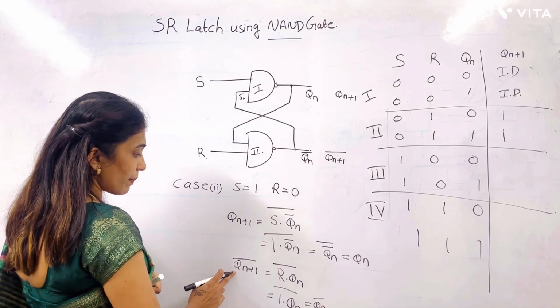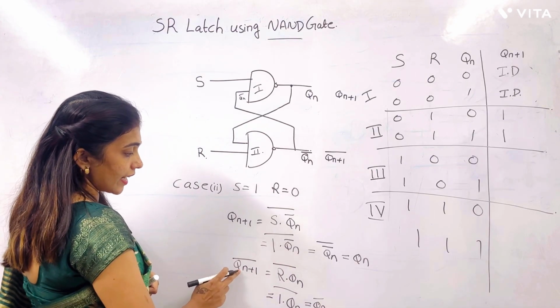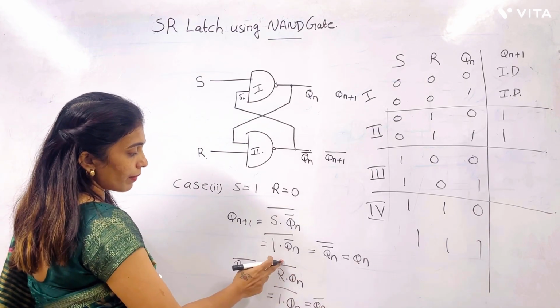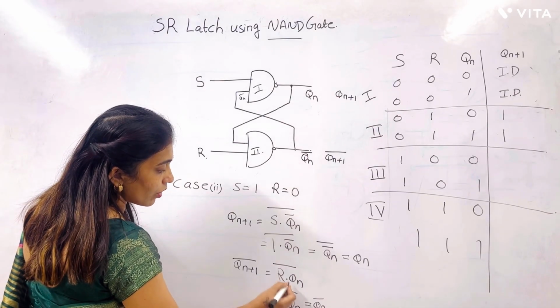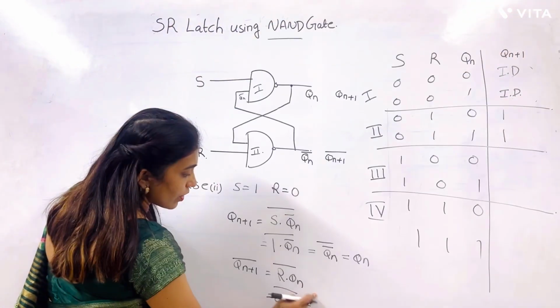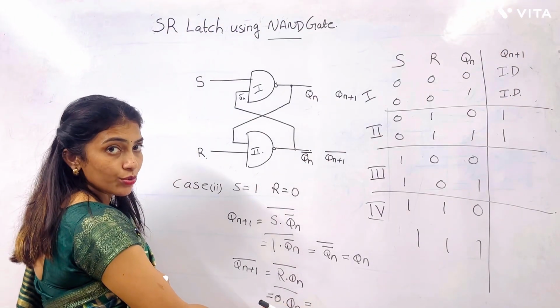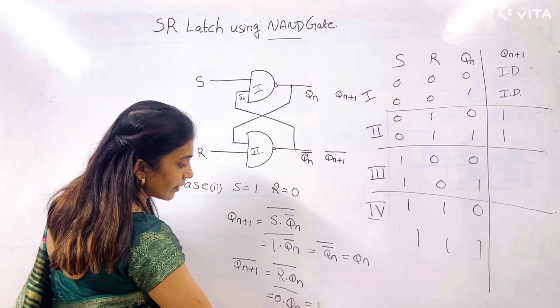Next, Qn plus 1 bar, second gate output, R into Qn bar. So in this condition, R value is 0, right? So 0 into Qn whole bar. 0 into any value is 0, 0 complement is 1.